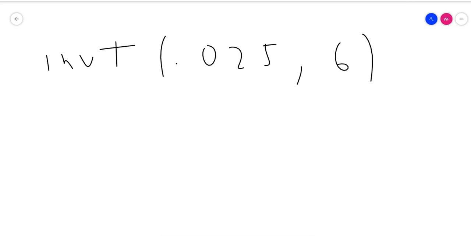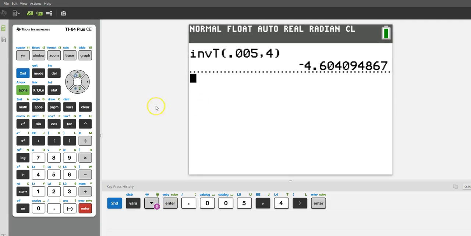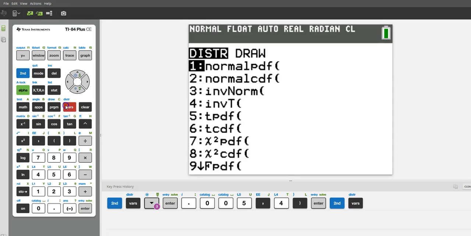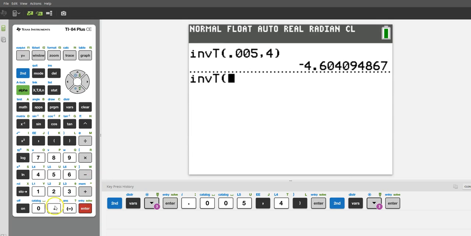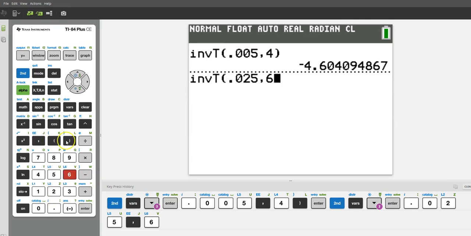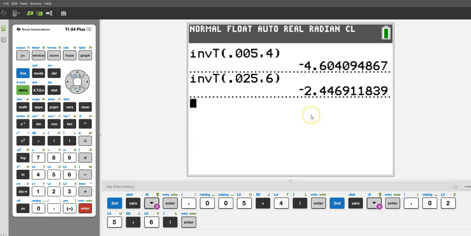If I go to the calculator, it was distributions and then inv_t. And this time I'm entering 0.025. And now the degrees of freedom were 6. And that'll spit back minus 2.447 to 3 decimal places.